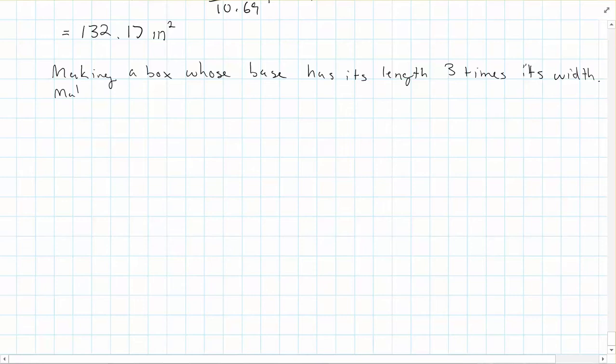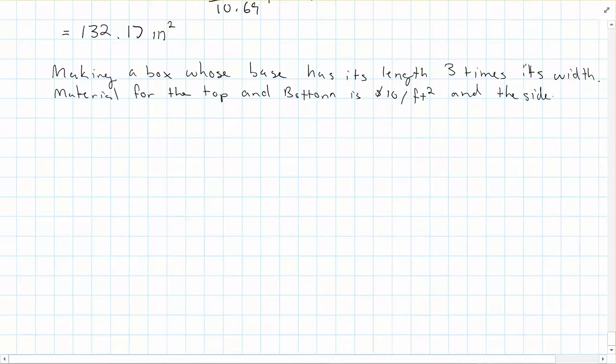The material for the top and bottom is $10 per foot squared, and the sides are $6 per foot squared.